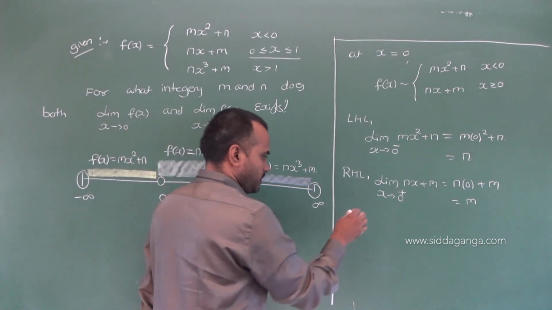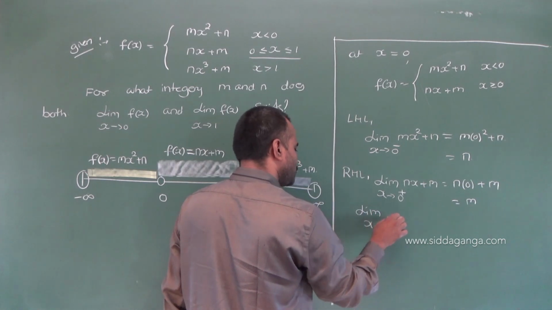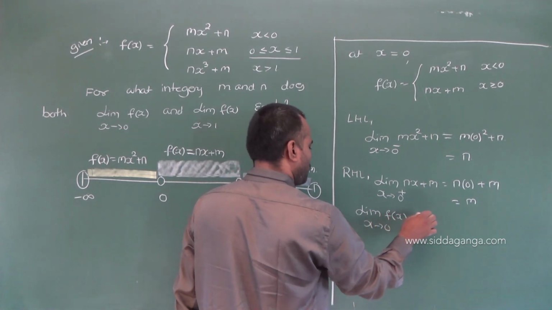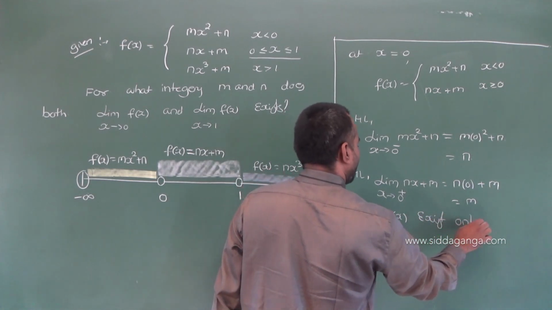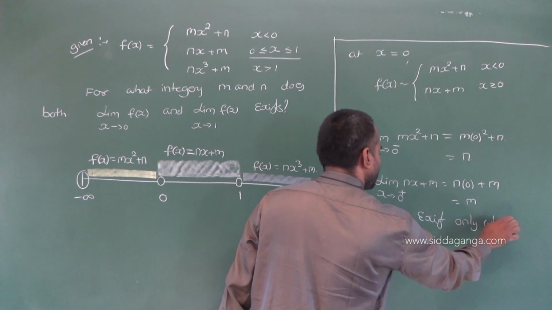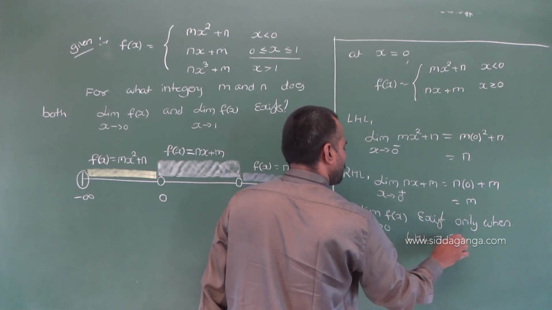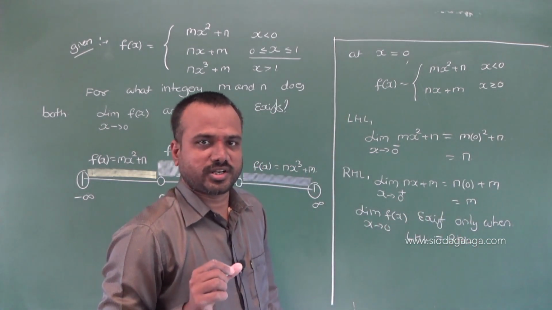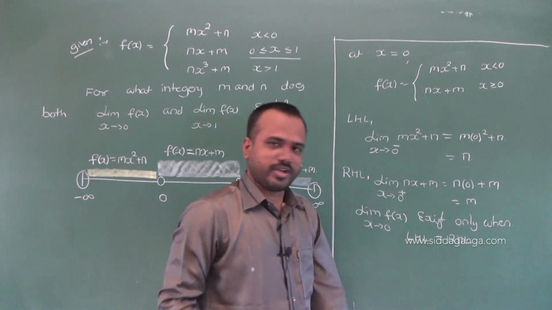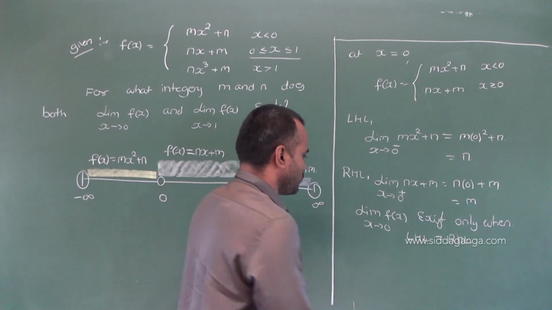The limit as x tends to 0 of f of x exists only under what condition? Left hand limit is equal to right hand limit. The limit as x tends to 0 of f of x exists only when left hand limit is equal to right hand limit.